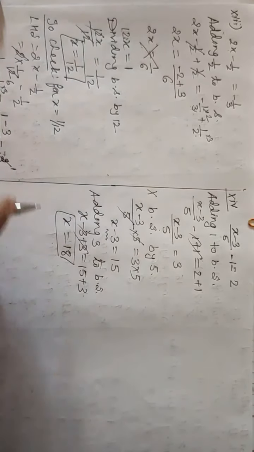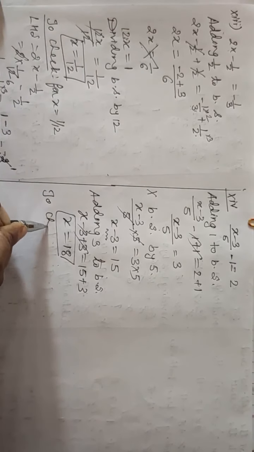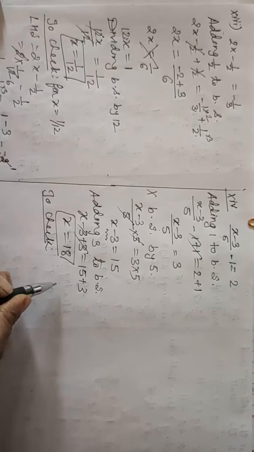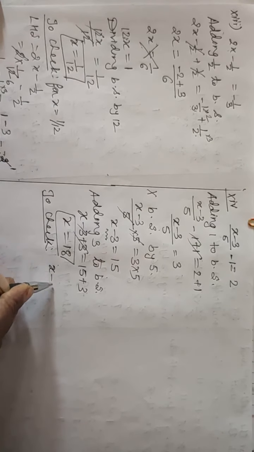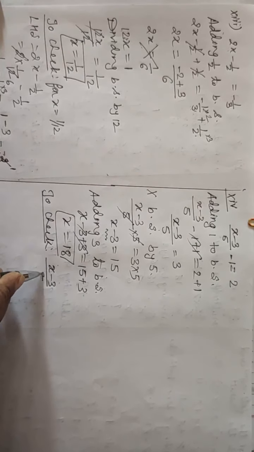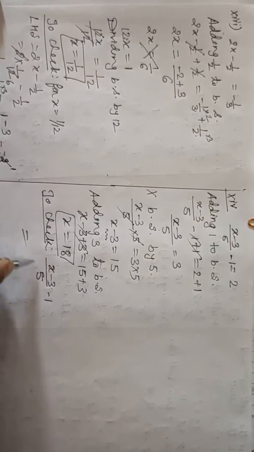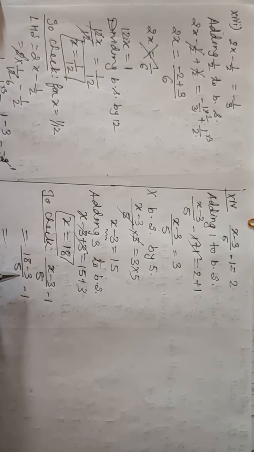Now to check. Let's check again. Here, what is your left side? (x minus 3) by 5 minus 1. So put x is equal to 18. So (18 minus 3) by 5 minus 1. Now 18 minus 3 is 15, so 15 by 5 minus 1.